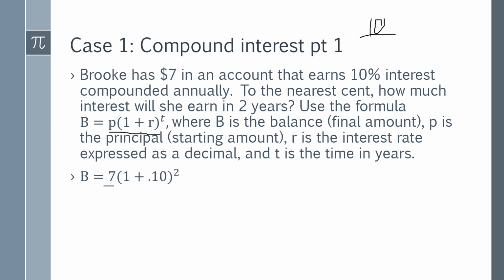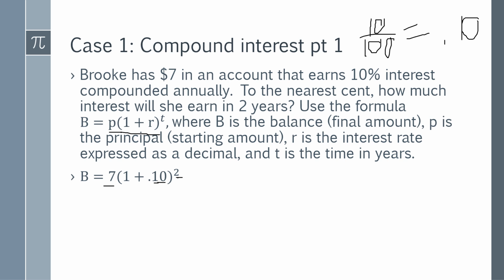Again, for those who don't know how to get a percent as a decimal, 10 divided by 100 gives you 0.10. I know I talked about this already, but in case you forgot. So 0.10, that's the decimal of 10%. And then the number of years, which is 2, replaces the t.